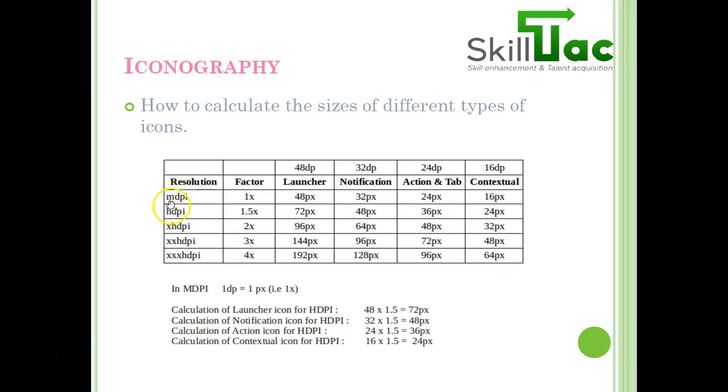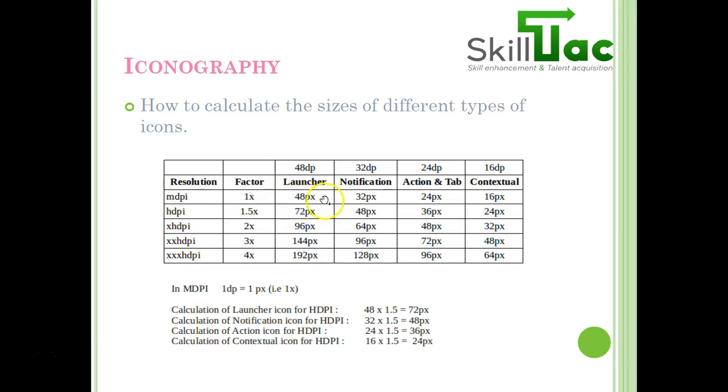So these resolutions are basically found in the mipmap folder. They are the resolution files defined inside the mipmap folder already by default. So these are the same resolutions here.